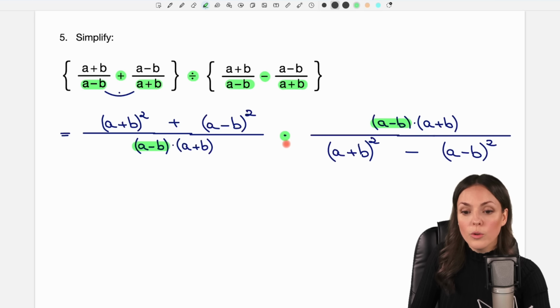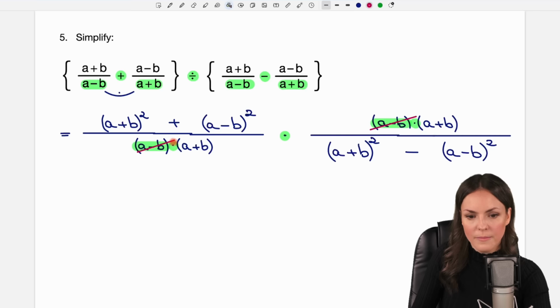Now we have a multiplication. Here is also multiplication, and here as well. So we are allowed to cancel things out. Not from here, but here where the multiplications are. So we are allowed to cancel out the a minus b here and the a plus b here.